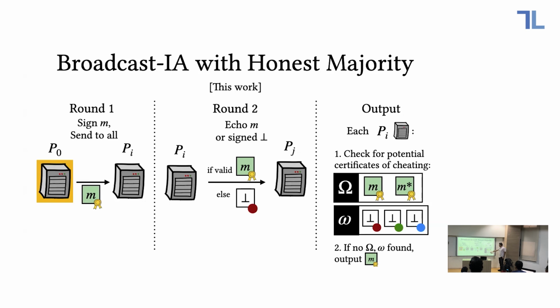If there are 3 signed I-received-nothing messages from other parties, that gives you a certificate of non-responsiveness. Keep in mind that there can be at most 2 corruptions because we're in the honest majority setting. And if no such certificate can be assembled, then just output whatever message I have. That's my algorithm if I'm Pi.